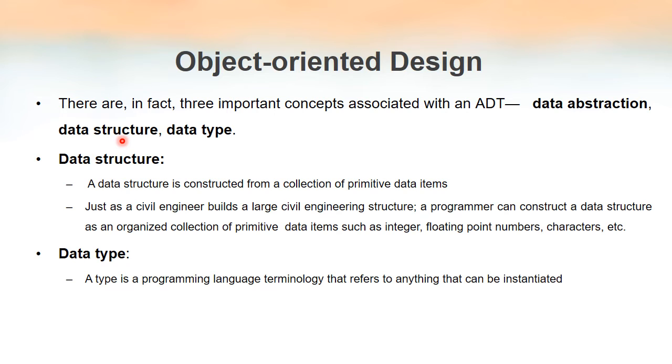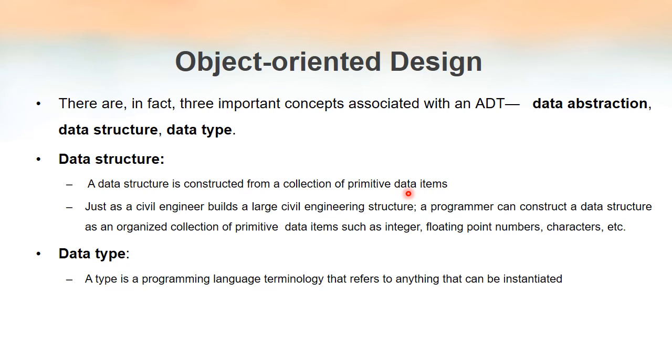The second feature is data structure. So what is a data structure? Of course, you are studying a subject named data structure in semester 3. The same thing. A data structure is something that is constructed from a collection of primitive data items. What do you mean by primitive data items?